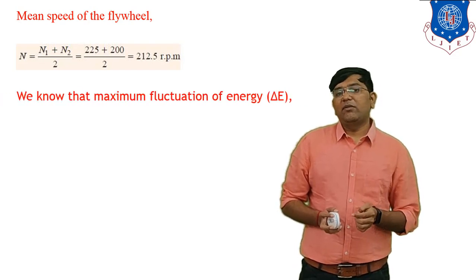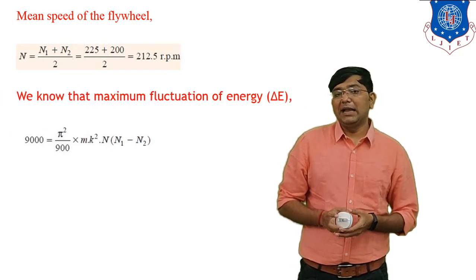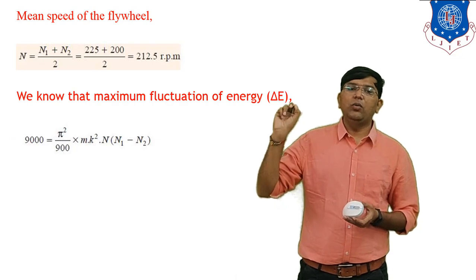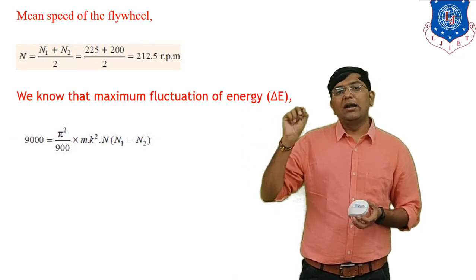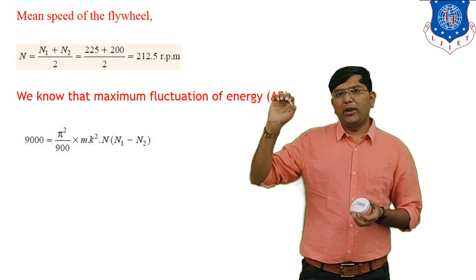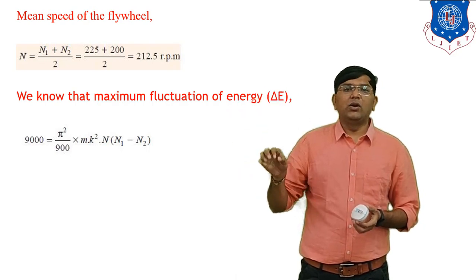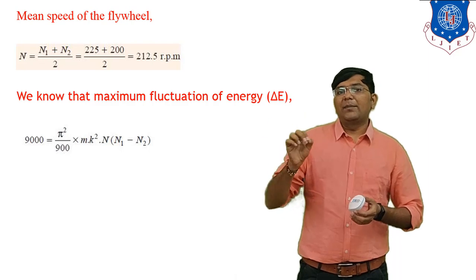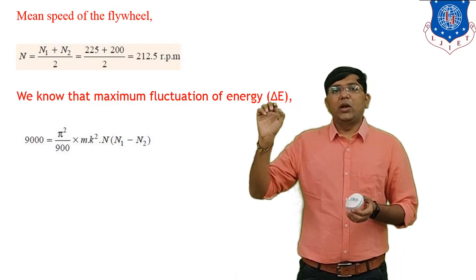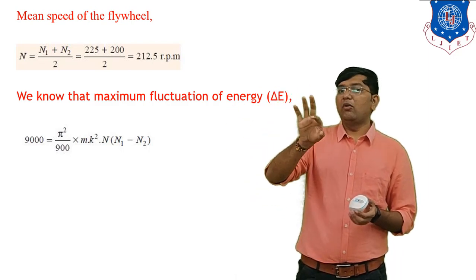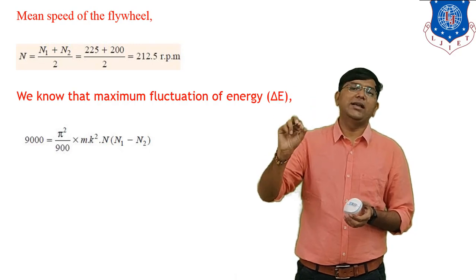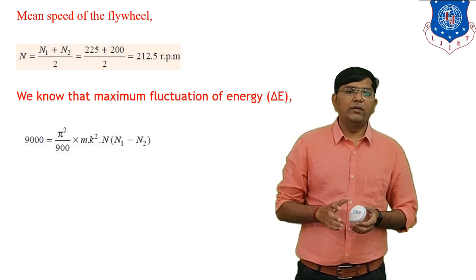Now we know that the maximum fluctuation of energy delta E is equal to I omega square Cs, or delta E is equal to I into omega 1 minus omega 2, and instead of omega you have to put the value of 2 pi n by 60. Clear? Put all values over here.